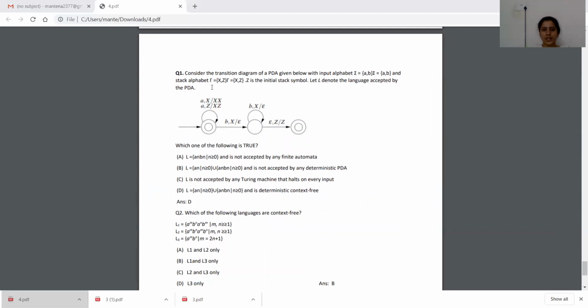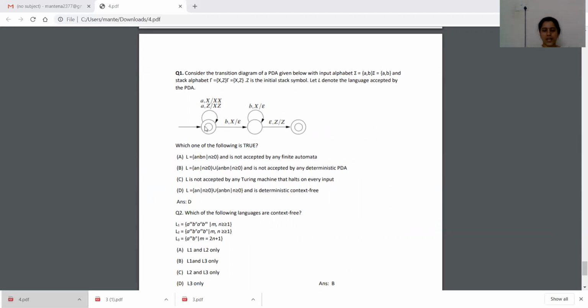Here we have an example. Consider this transition diagram of a pushdown automaton. We have to tell what language it is. Observe in this diagram we have two final states. Initially the starting state is also a final state.